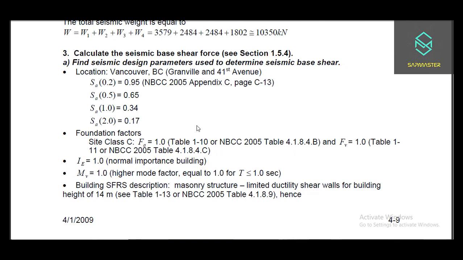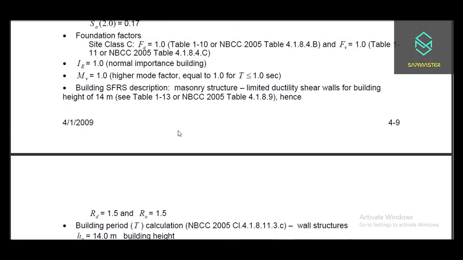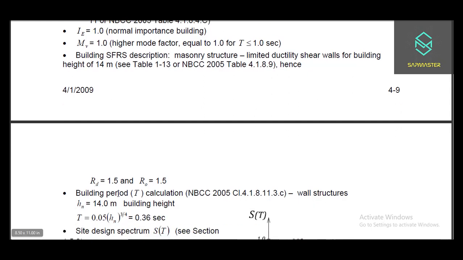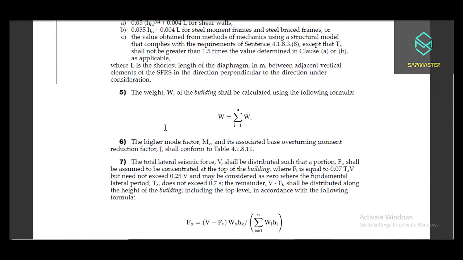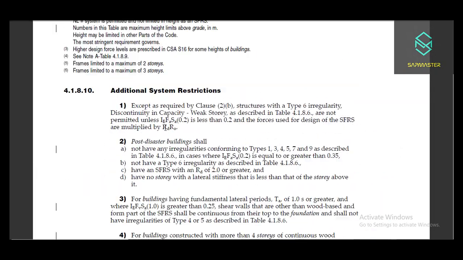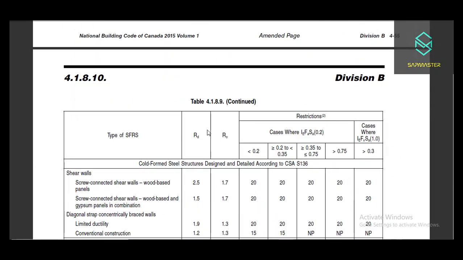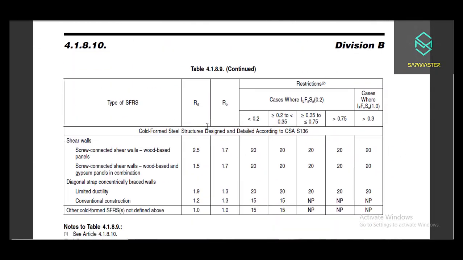And okay, it said that it's a masonry structure with limited ductility shear walls for a building height of 14 meters, right? So we need to find these two parameters from the tables. So let's go back to this table and let's see if we can find the described system.